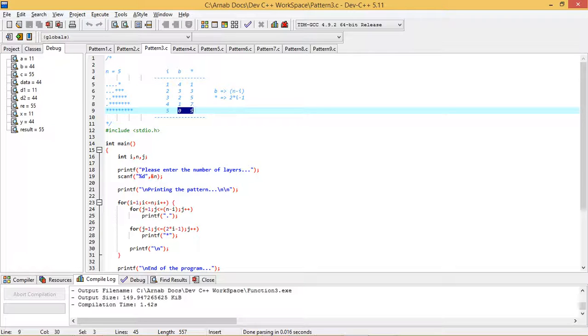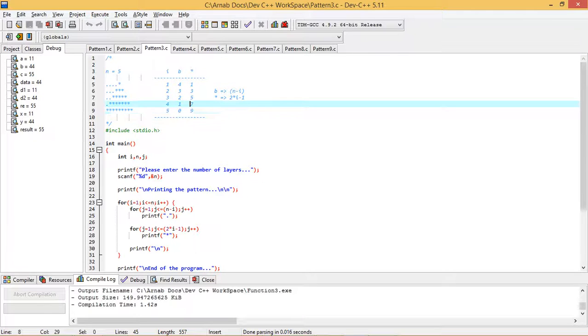So now let us get the respective formula with the help of which this blank space and star count can be represented with respect to the layer number, that is I. Here you see, in case of blank space, the value of I is increasing and the value of B, or the number of blank spaces in the respective layer, is decreasing. So one is increasing, another one is decreasing. So what is the logic?